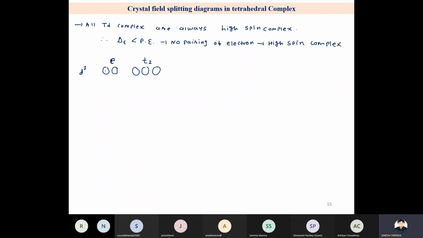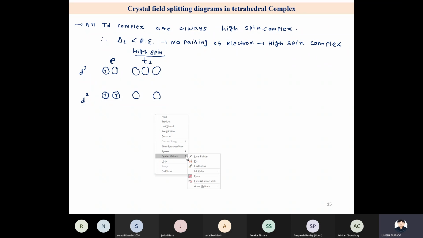So one electron is entering into E. It is a high spin complex, whether the ligand is strong or weak. Tetrahedral geometry is always a high spin complex. If you have d2, then again 2 electrons get accommodated into the E orbital and the T2 orbital remains as it is.